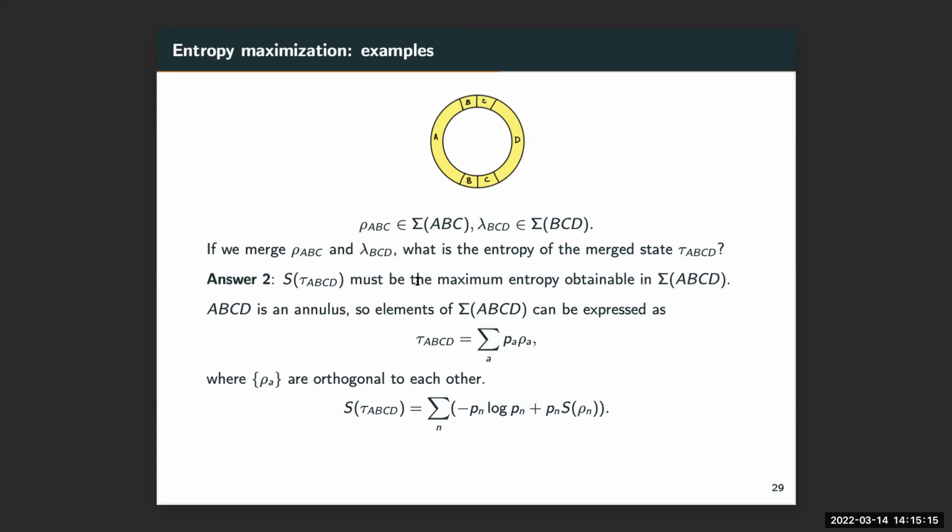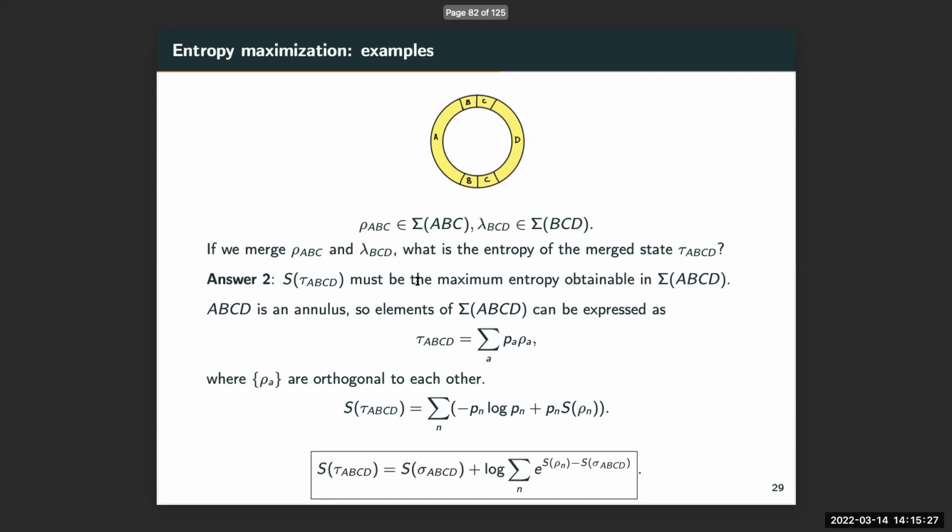And of course, this maximization problem becomes a minimization problem of the free energy of the StatMech model. And we all know how to solve that problem. The solution is given by the Gibbs state. So you just plug that in, and what you're going to get is this formula. I took the liberty of rearranging certain terms so that things look a little nicer down the road. But here's the formula.